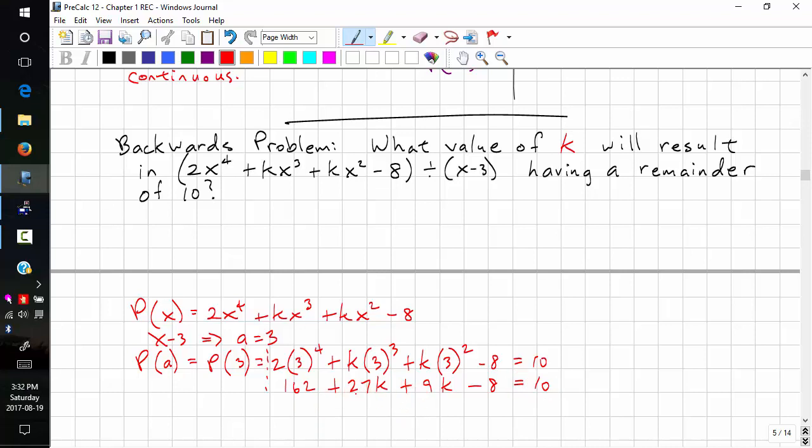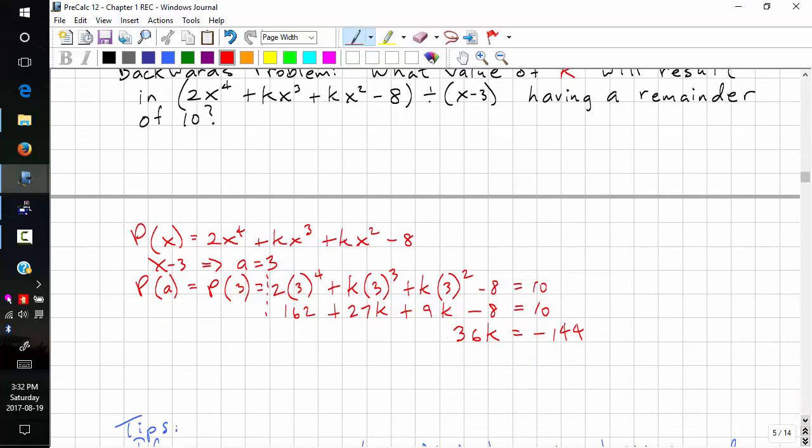Okay, so we have 27 plus 9, that's 36k. 162 minus 8 is 154, and 10 minus 154 is negative 144. So k equals negative 4. And you just divide that out.